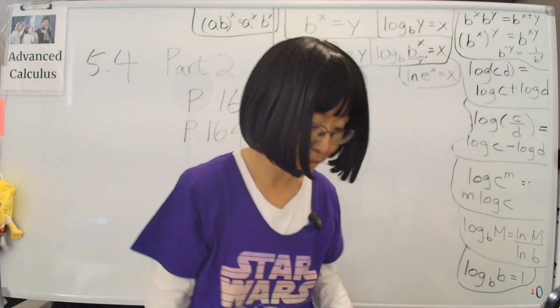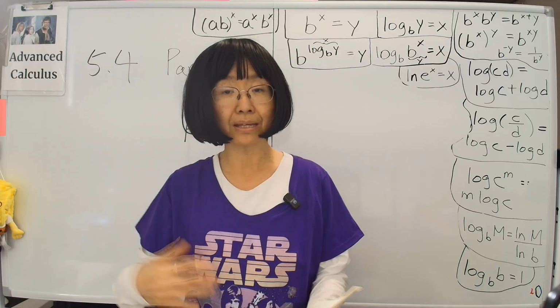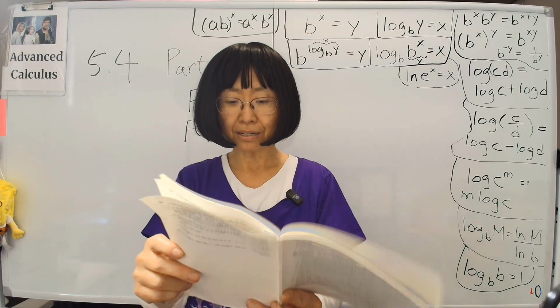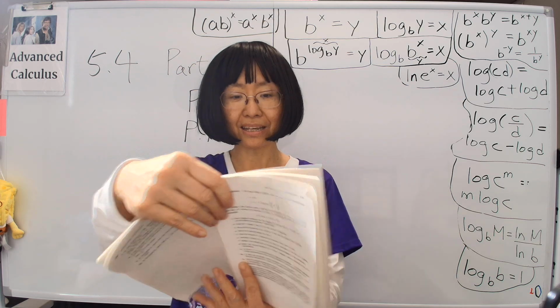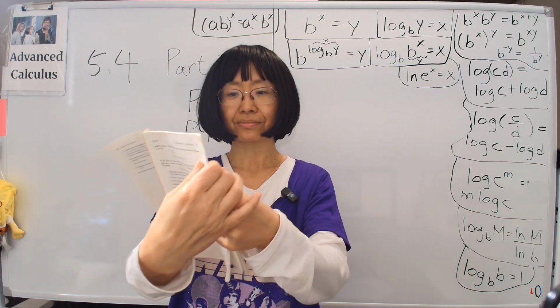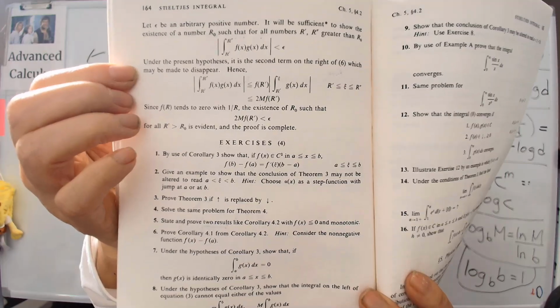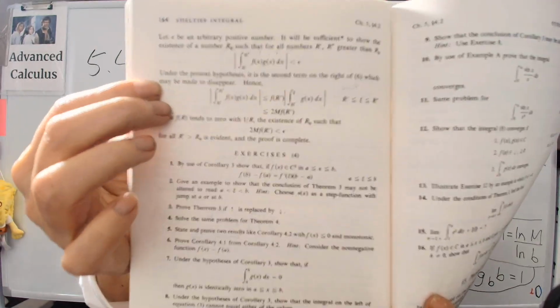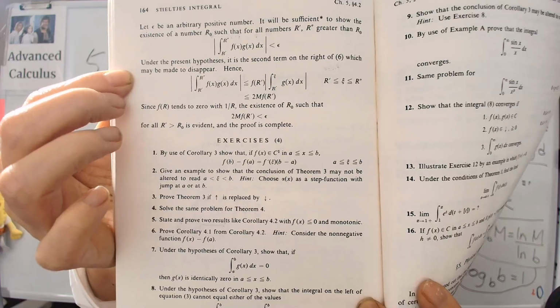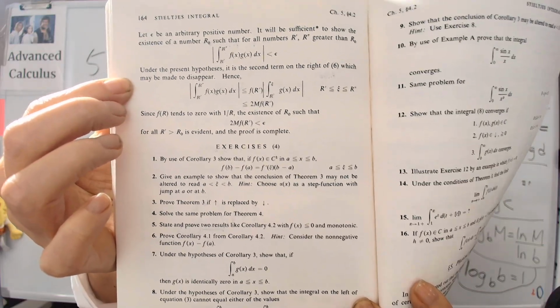Now that is what the book says. Because R can be as big as possible, right? What the book says is, right here, under the present hypothesis, the second term on the right of 6 may be made to disappear.